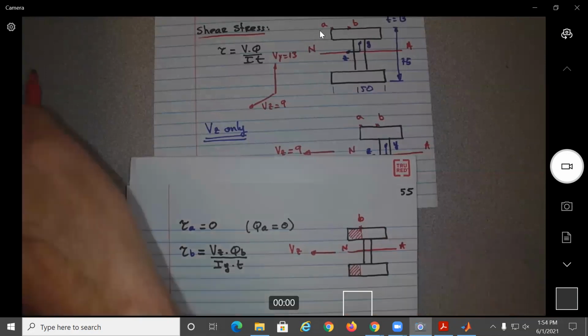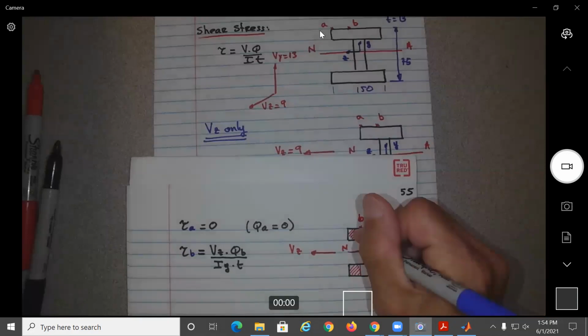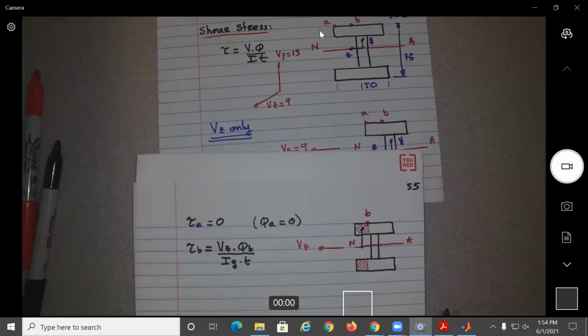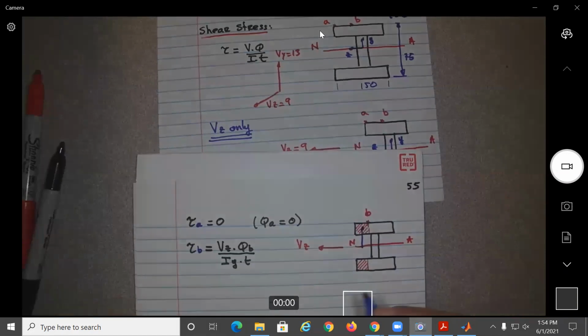Now, how did you calculate the Q sub A? I'm not going to redo it again, it is the area times the distance from the neutral axis to the CG of the area. So here Q sub B will be equal to what? Leave some space over here because I'm just going to add a 2.